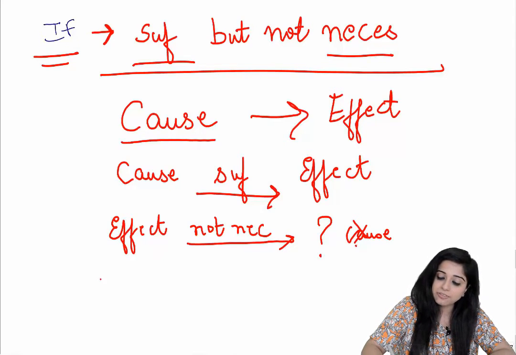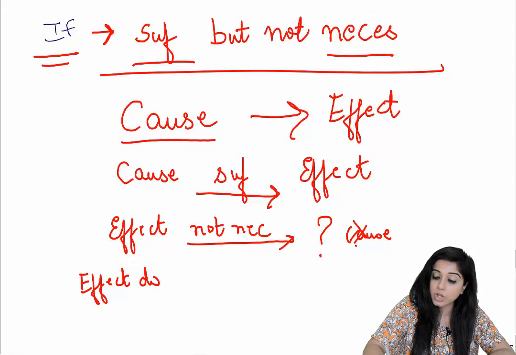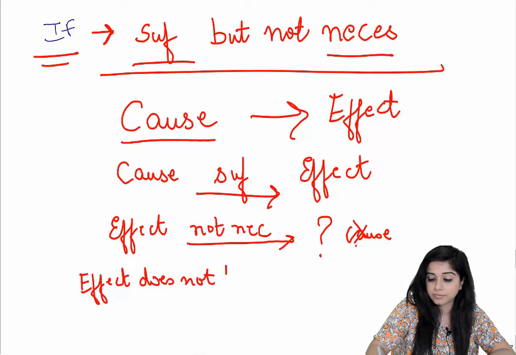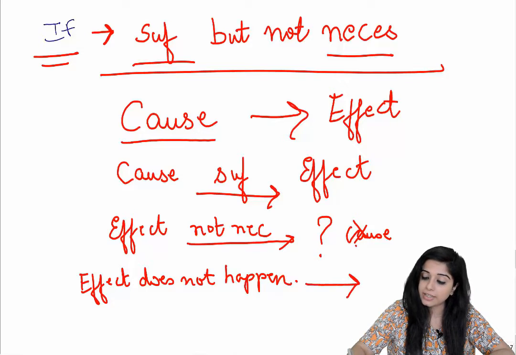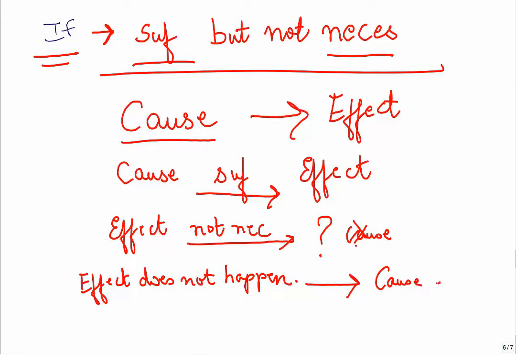But if the effect does not happen, then it is important that the cause also did not happen. Why? Because it was a sufficient condition for the effect to happen. If the effect is not happening, then necessarily the cause would not have happened, because each time the cause happens, the effect happens, right?